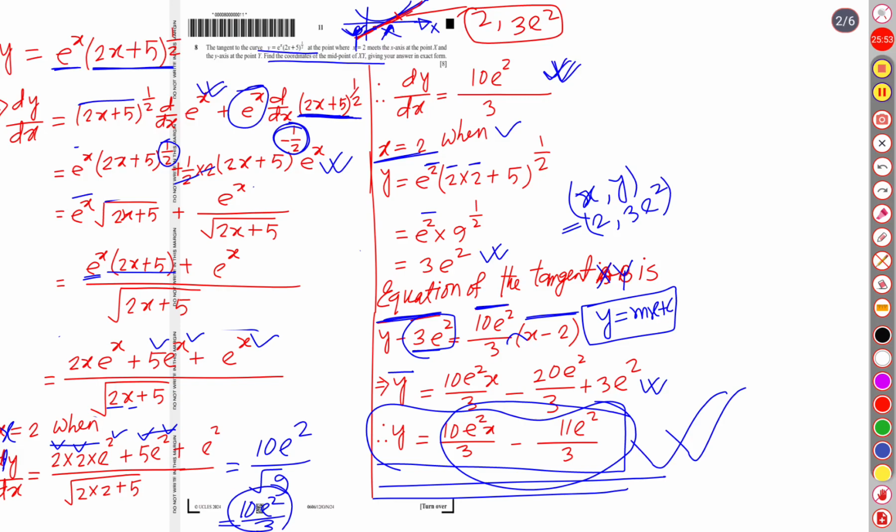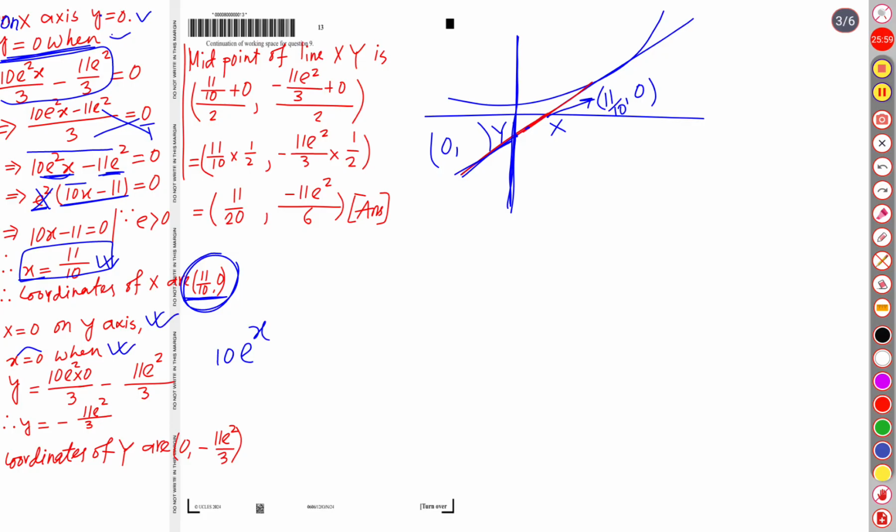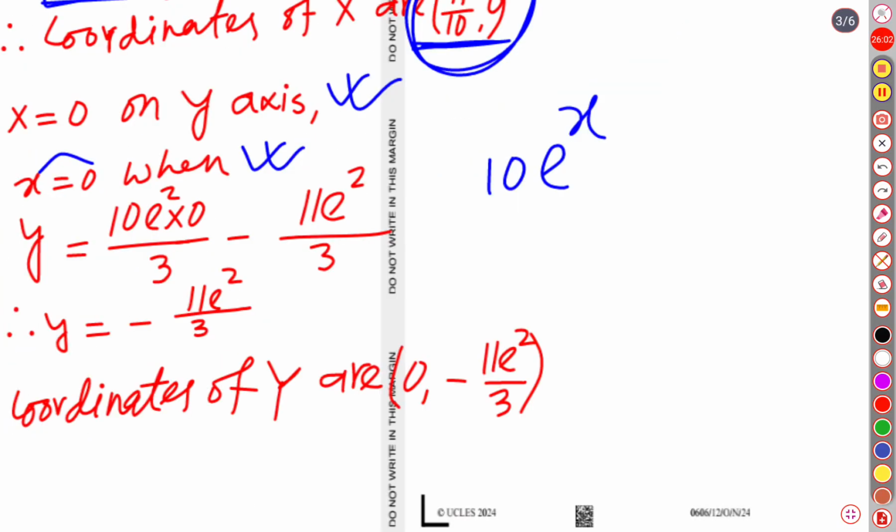So for 10 e square x, x is our 0, so ultimately it is going to be 0. 0 over 3 means 0, and this one is unchanged, 11 e square over 3. So ultimately our y is negative 11 e square over 3.